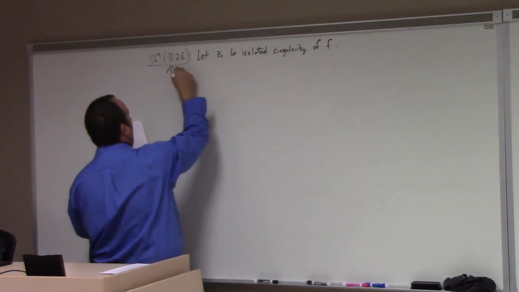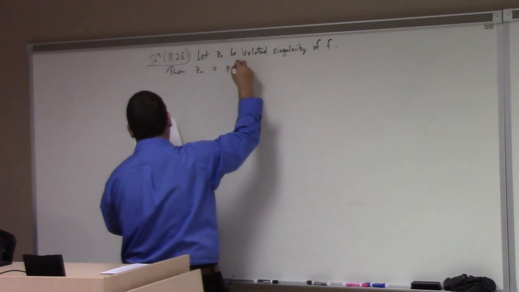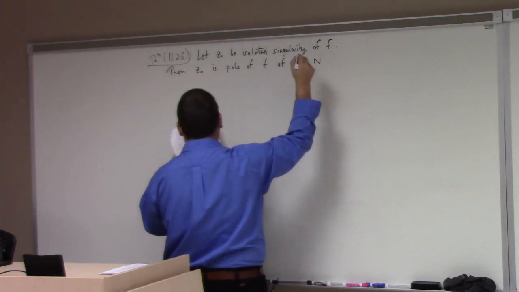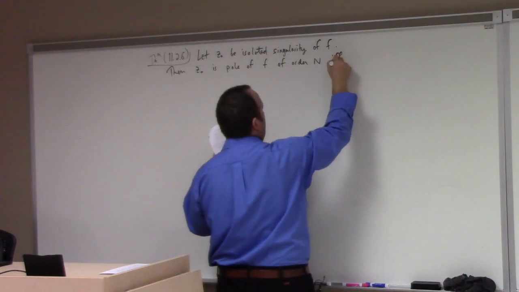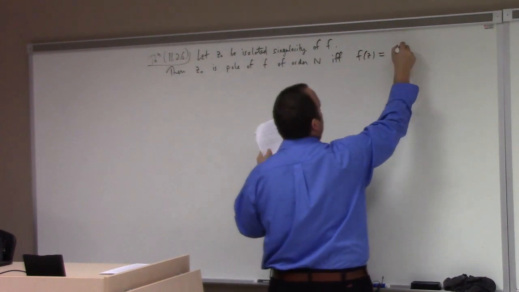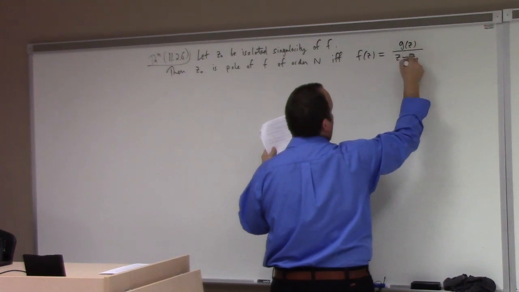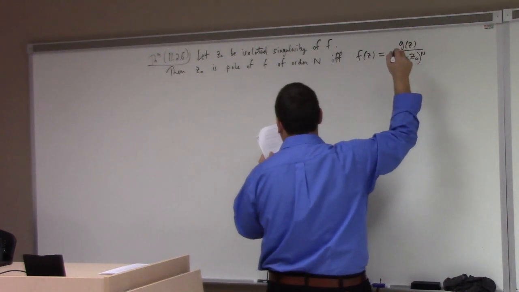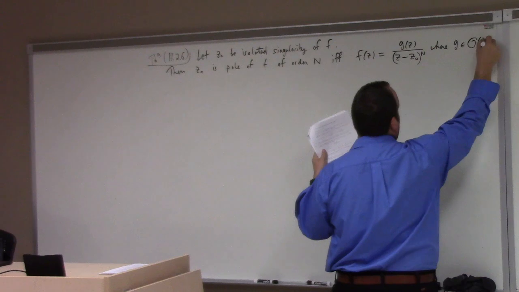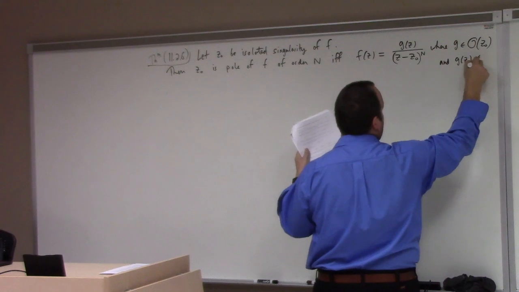Then z naught is a pole of f of order n if and only if f of z is equal to g of z divided by (z minus z naught) to the nth power, where g is holomorphic at z naught and g of z naught is not equal to 0.